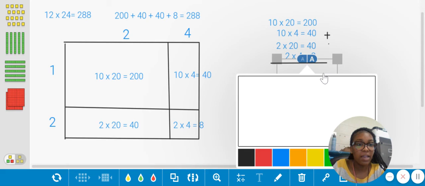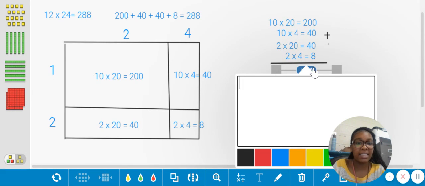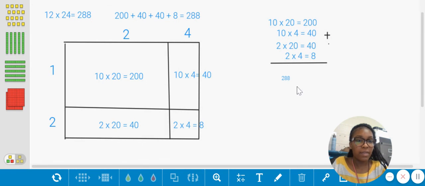If I look in my ones column, I have a total of 8. So I'm just going to add 8. And we're doing the standard algorithm for addition. All right, if I look in my tens column, I have another 8. If I look in my hundreds column, I have 2. Right? Therefore, my answer is 288.